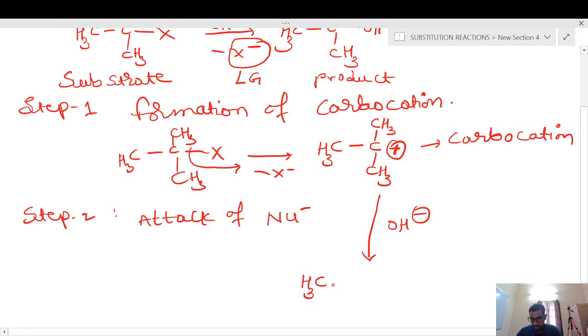Finally, you will get the product (CH3)3C-OH. So in this way, the SN1 reaction takes place in two steps. It is very important. The first step is formation of carbocation. The second step is attack of the nucleophile.